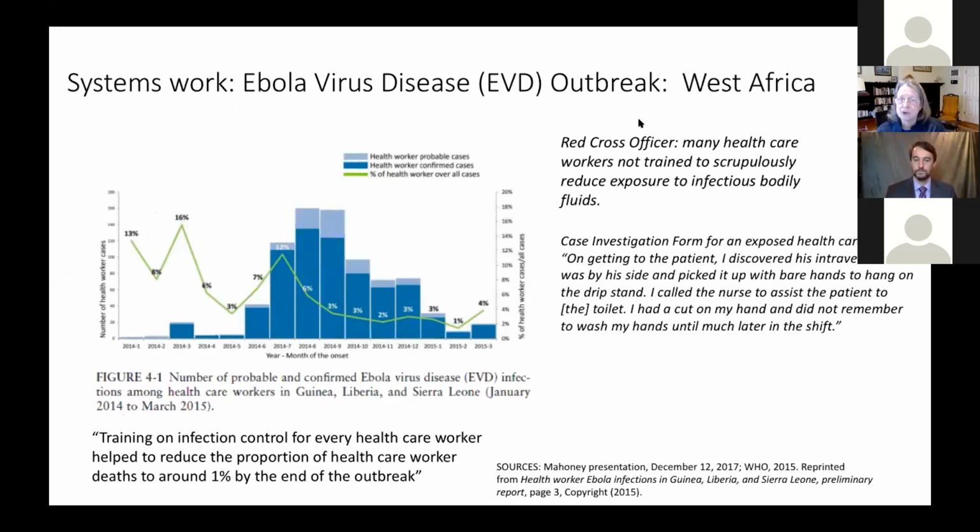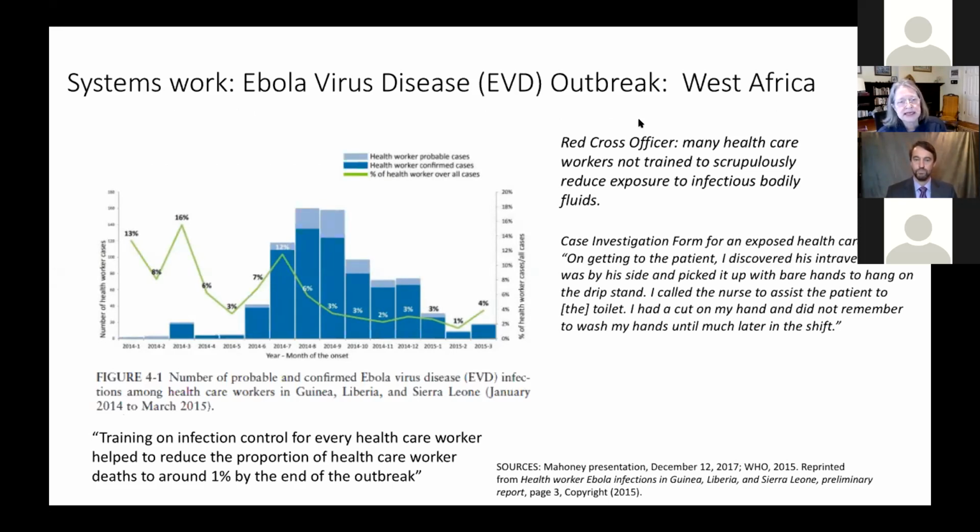This is the Ebola virus outbreak in West Africa. The green line is the thing I want you to particularly look at. You can see early in the outbreak, people didn't know what they were doing. They didn't have experience, and 13 to 16% of healthcare workers were being affected, with a very high case fatality rate, much higher than we have here in COVID.